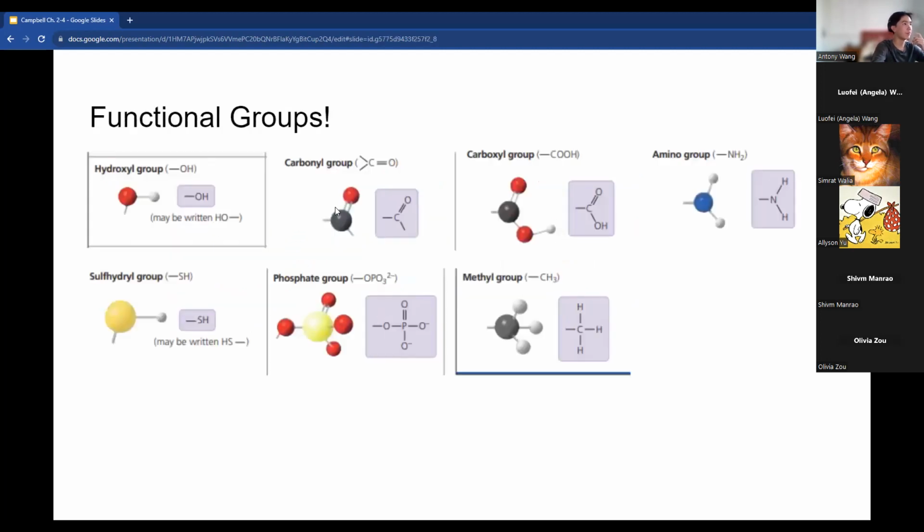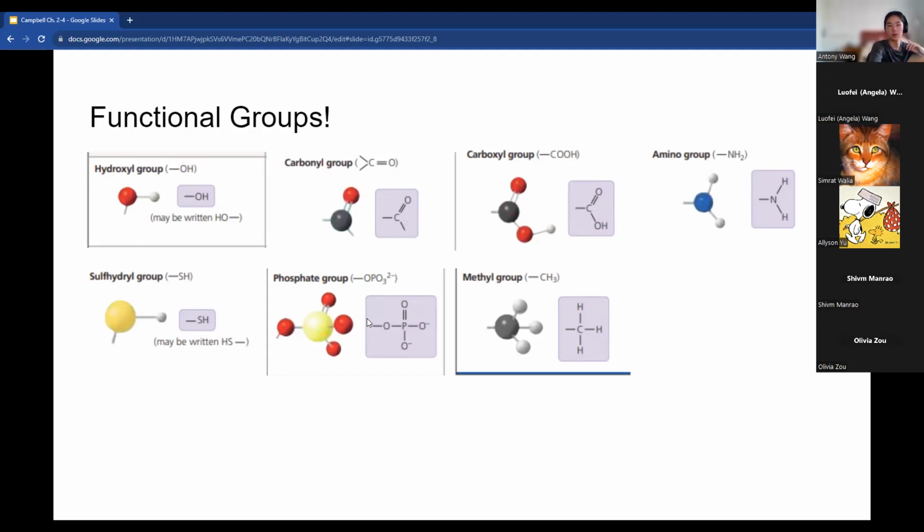Here is a diagram in Campbell's. I highly recommend it. We couldn't fit everything on this slide, but you should know roughly the names of each functional group and maybe their polarity or what they impart to the molecule. In general, what you need to know is hydroxyl, carbonyl, carboxyl, amino, phosphate.